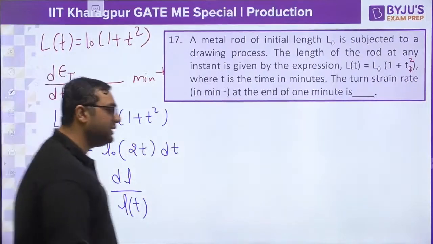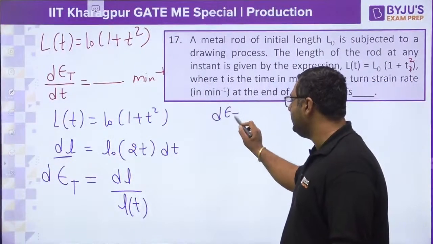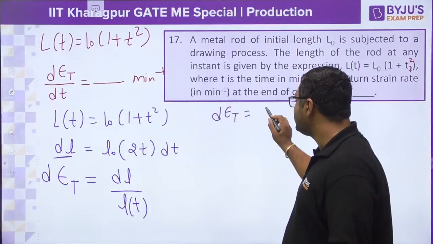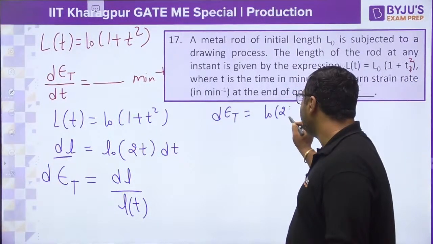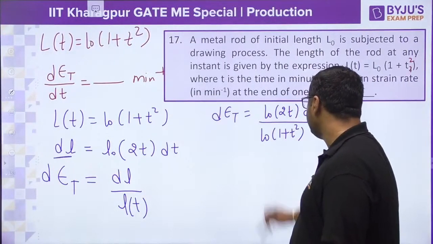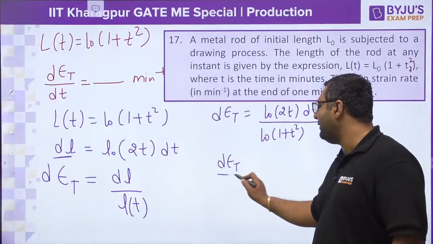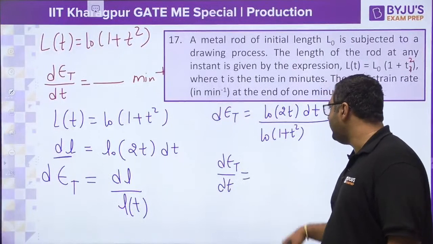So when you put this value, d epsilon t is L naught into 2t dt divided by L naught into 1 plus t square, and dt will go down: d epsilon t by dt, which you need to find out.